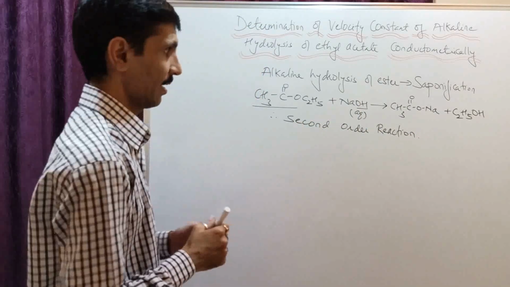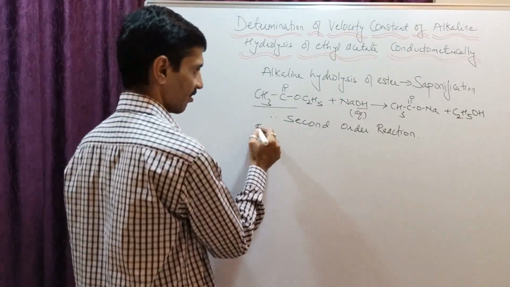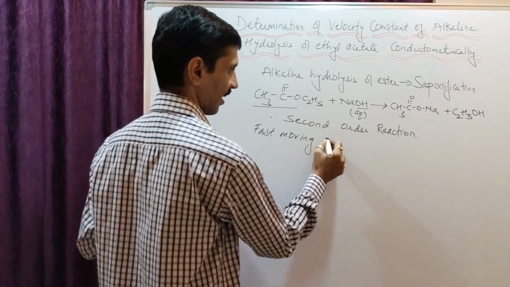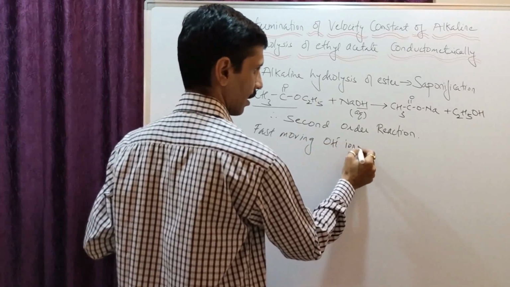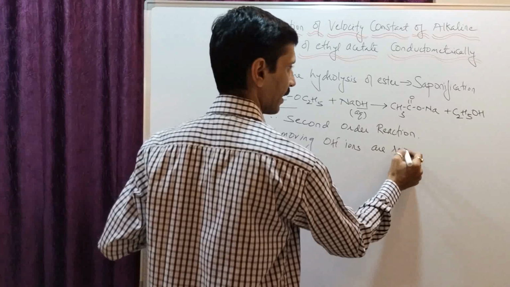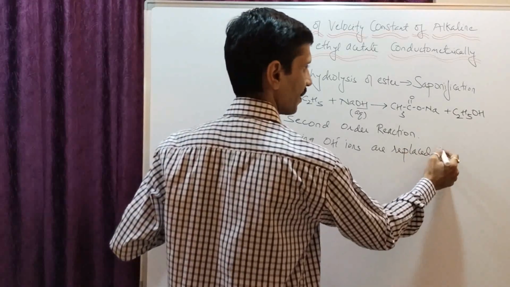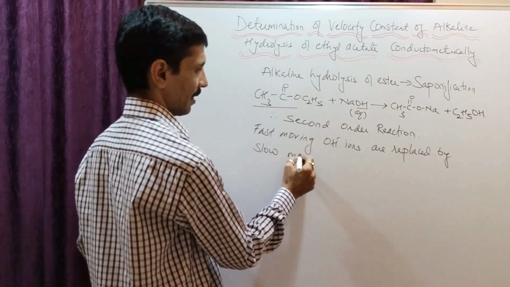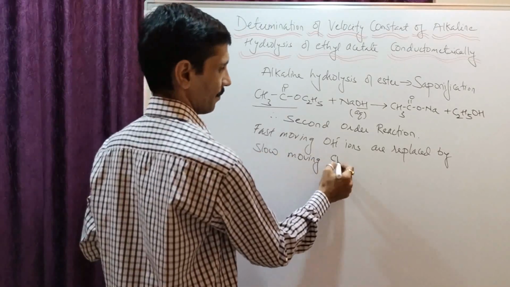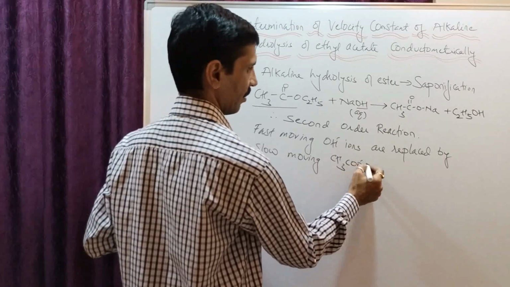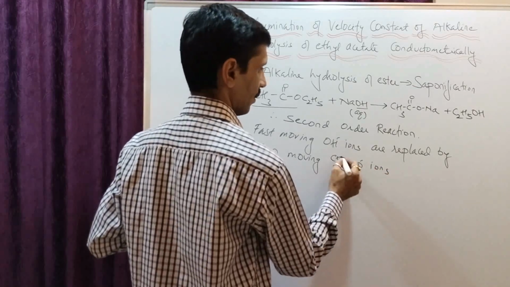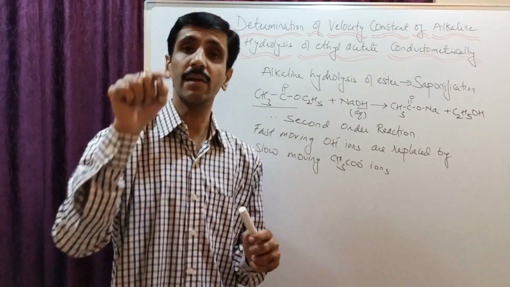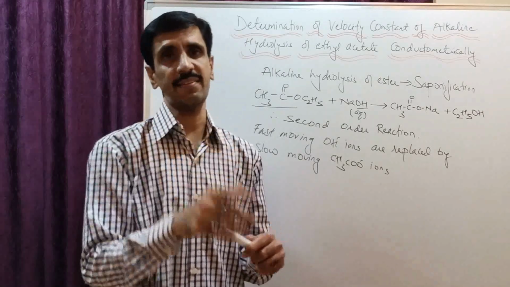Let me tell you: the fast moving hydroxyl ions are replaced by slow moving acetate ions. The speed of the ions differs now, and since the speed of the ions differs, obviously it will have an effect on the value of conductance.